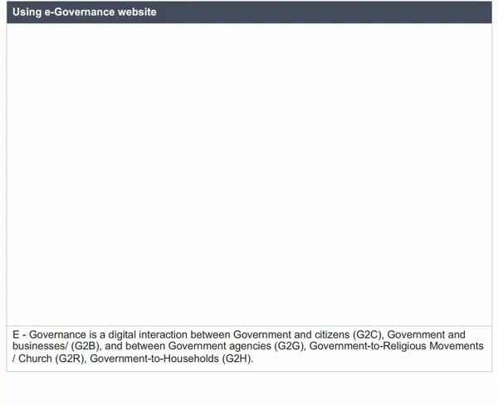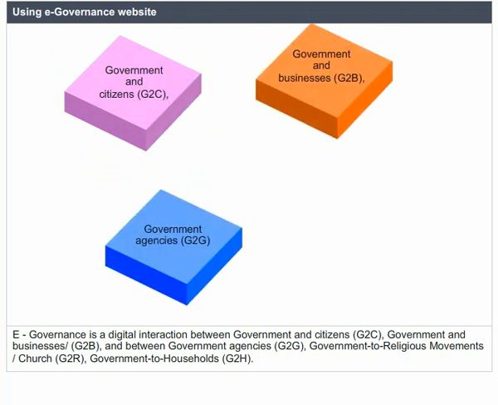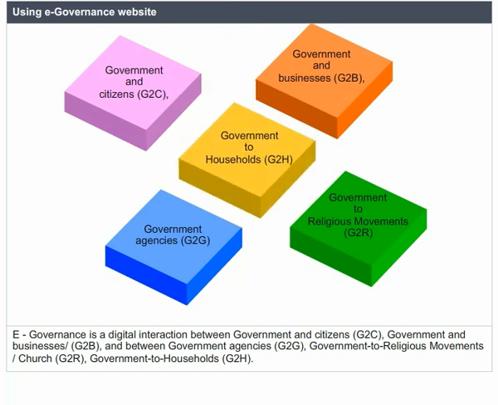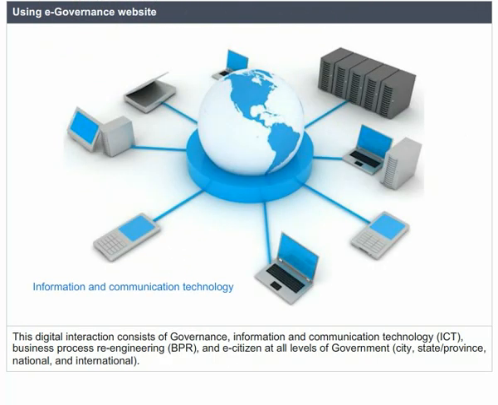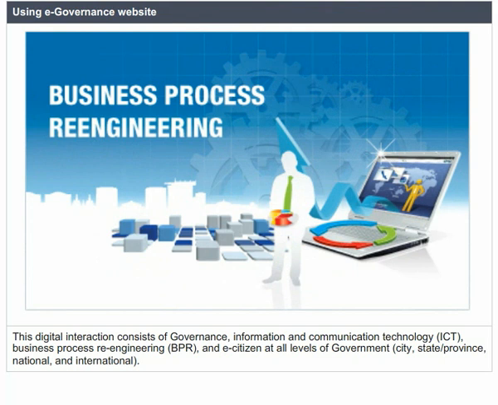Using e-governance websites. E-governance is a digital interaction between government and citizens, government and businesses, and between government agencies. This digital interaction consists of governance, information and communication technology, business process reengineering, and e-citizen at all levels of government: city, state or province, national and international.